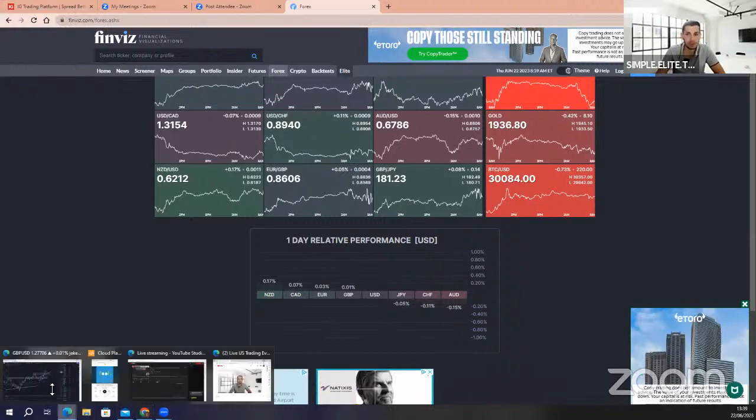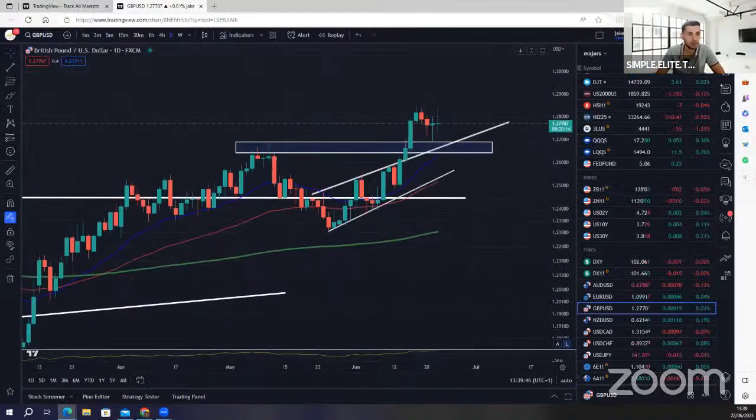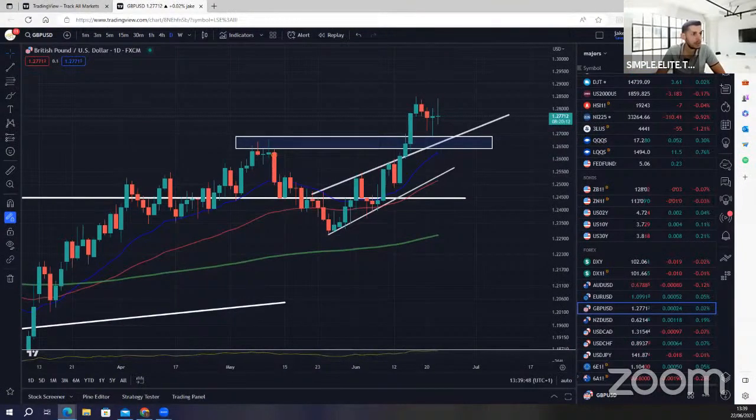About the pound, I don't really like the price action of today, because yesterday we said it is rejecting this area nicely, which we want to be on the long side, but it didn't really touch the area I was looking for.